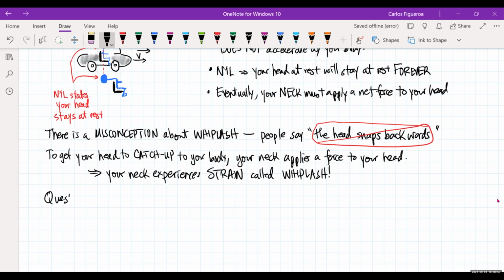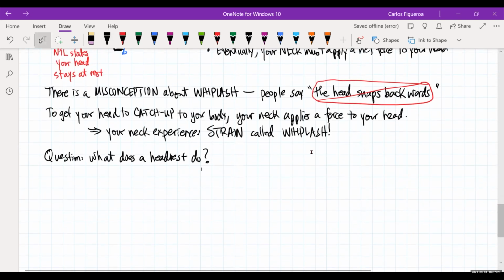Question. Why, not why, but what does a headrest do? So now if I take my picture here and I redraw it, let's look at what happens if you use a headrest. For starters, let's draw our car again. Now, look what I'm adding.